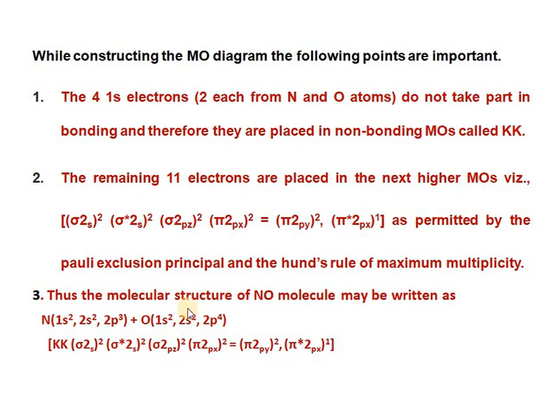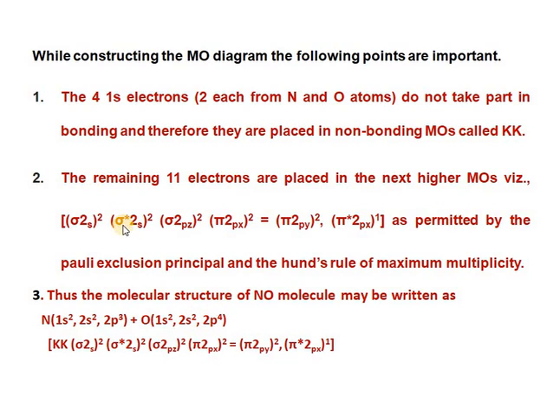Therefore, the molecular structure of the nitric oxide molecule can be written as follows. Nitrogen is 1s2, 2s2, 2p3, and oxygen is 1s2, 2s2, 2p4.